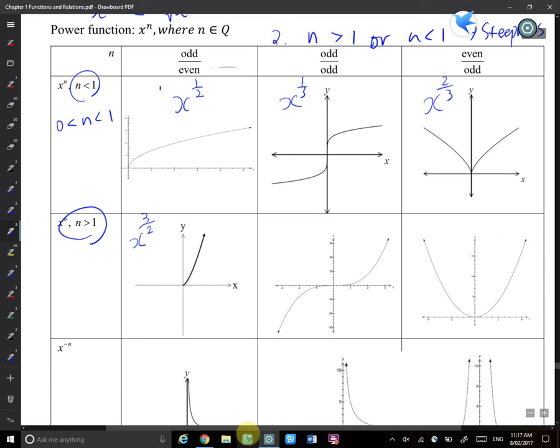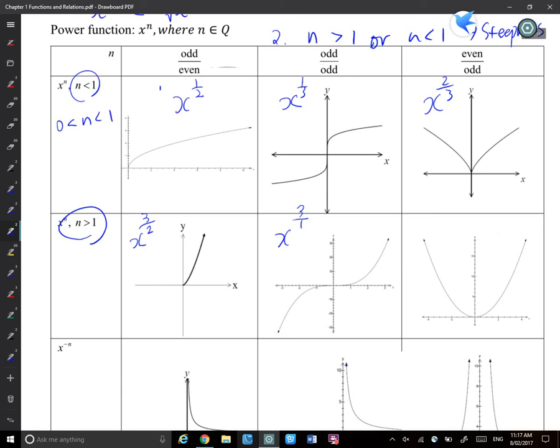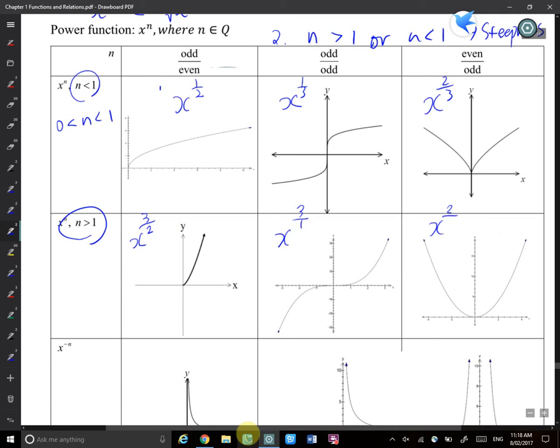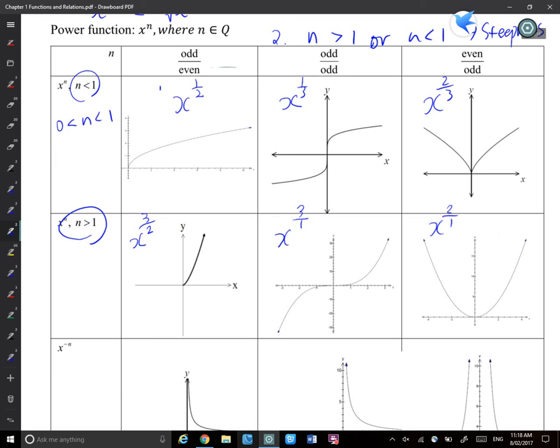This one is x to the power of 3 on 1, that's x to the power of 3. If it's a whole number, it's just 3 on 1. So think about that, it's a cubic function. And this one is x to the power of 2 on 1. For the first two and last two, we know what the graph will exactly look like. You will think about those examples.